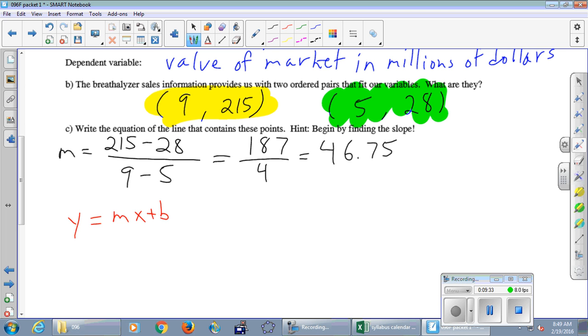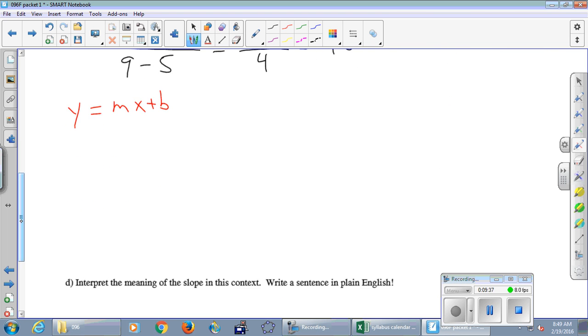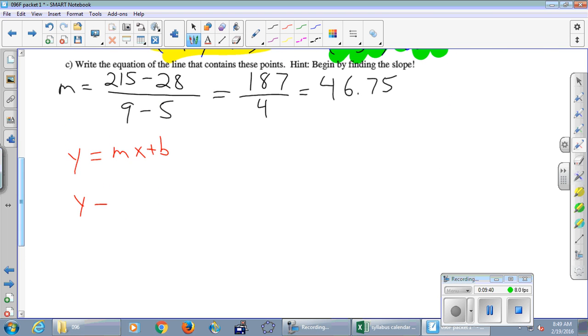That 46.75, where does it go? That's the m, so we're just going to make that one small change. I'm not sure if I've said this before, but I'm going to say it repeatedly during the semester. A lot of math is about copying everything except making one small change.